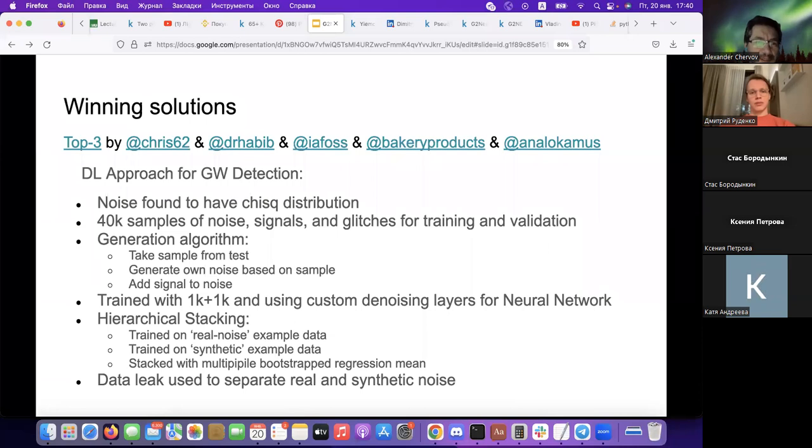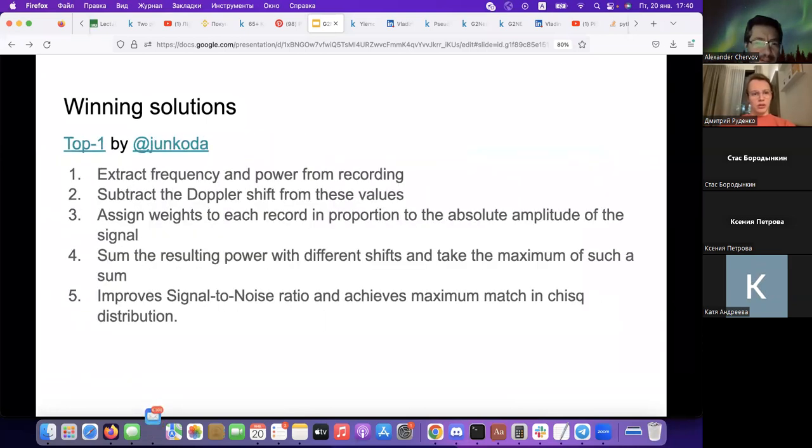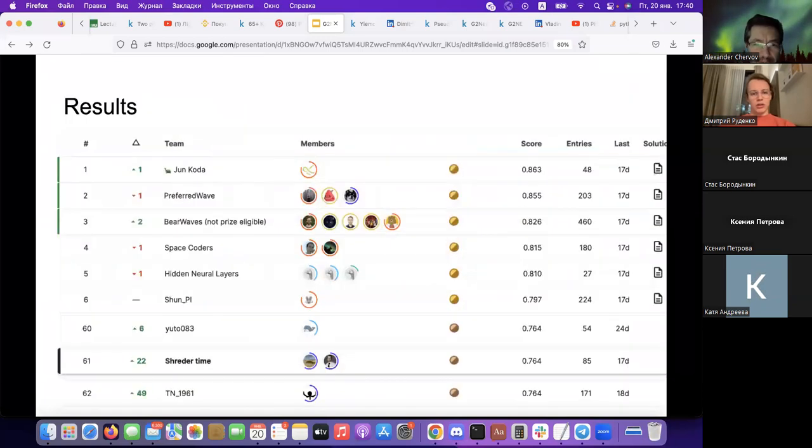Can you please show the slide with the leaderboard? How big was the difference between the top solutions? Yeah, they had a great solution, but starting from place 10, people have a very close difference.